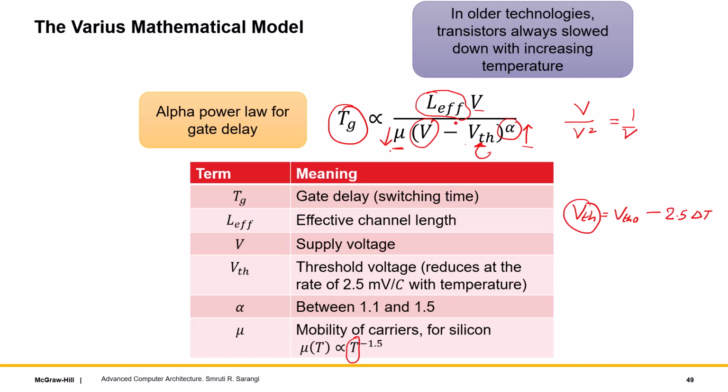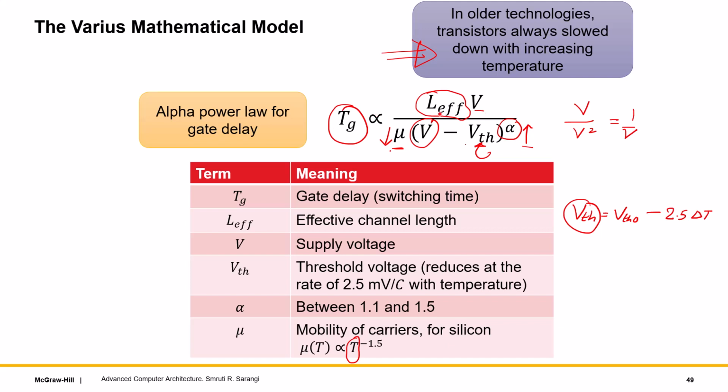So in general, there is kind of a consensus that, at least in conventional technologies, with increasing temperature, transistors slow down. That's sort of a consensus, but again, as I said, with different technologies this changes. So always look at what these factors are for the current technology, but don't take this statement at face value.